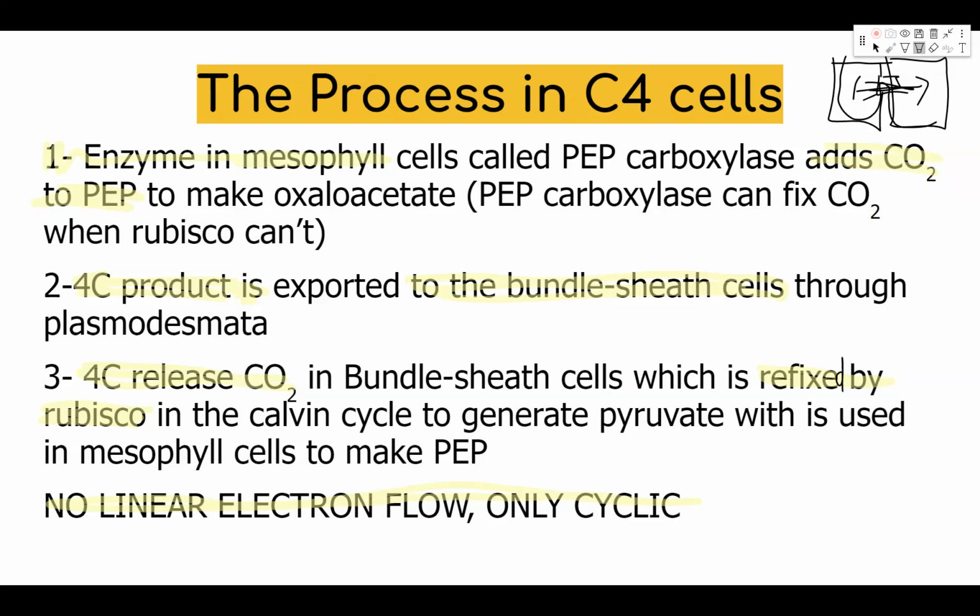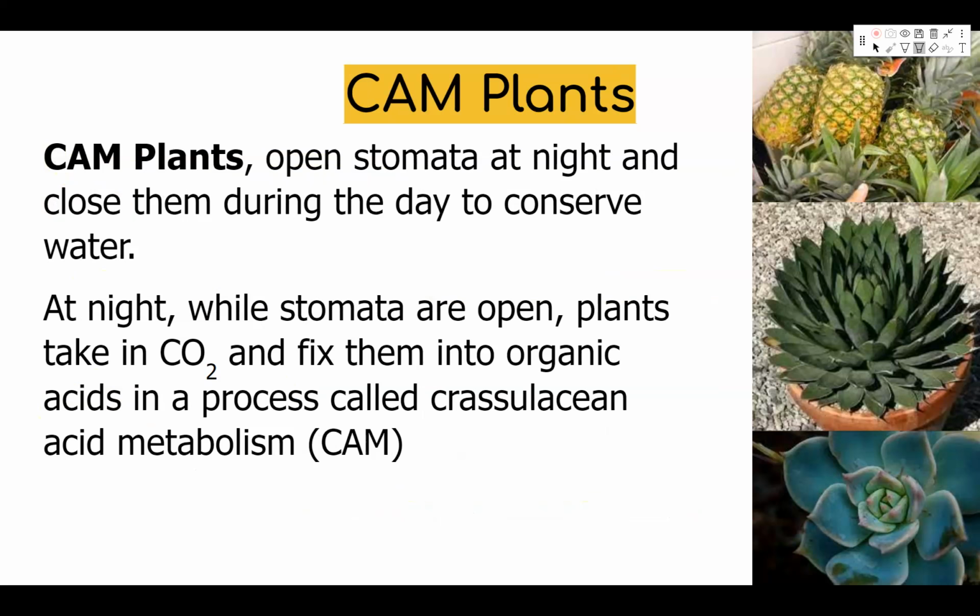But it also means they only have one photosystem. But that is the process of essentially photosynthesis in C4 plants. We still have the light reactions being the same, except they only use cyclic electron flow. But we have this intermediate step where we fix carbon before we get to the Calvin cycle.